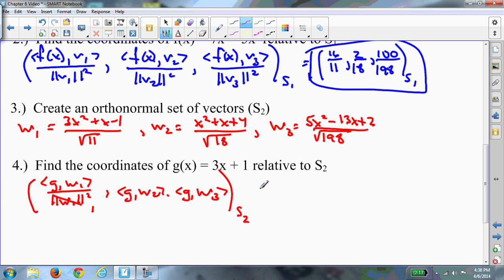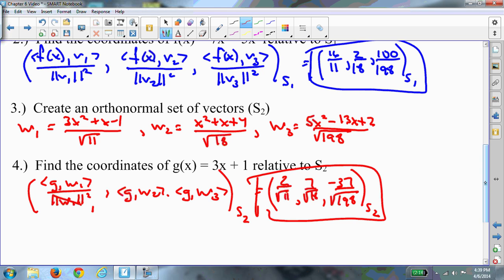So if I put all my numbers in, this basically comes out to be 2 over root 11, 7 over root 18, and negative 37, I believe, over square root of 198, relative to S sub 2.